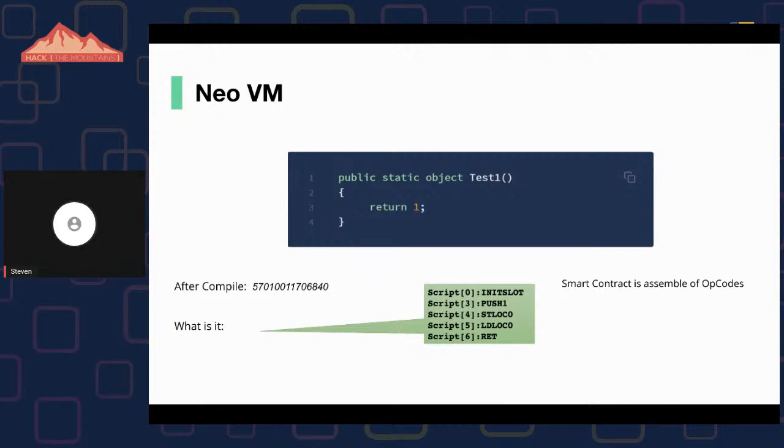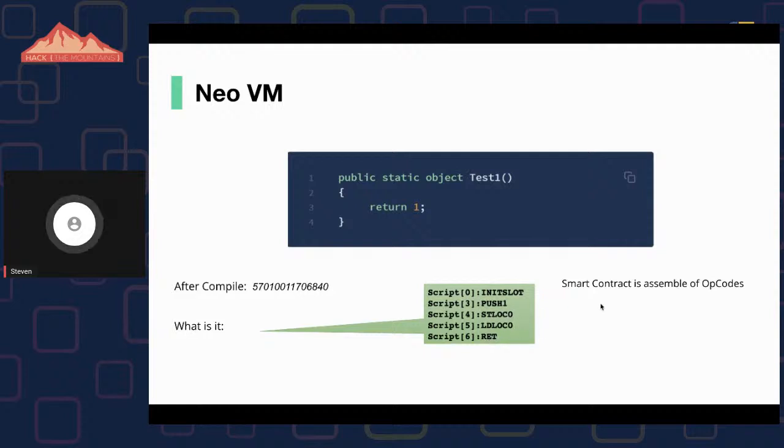So what is a smart contract in the Neo VM? Here I put an example. It's a very simple function called test, and it just returns one. After compiling it and putting it into the Neo VM, you can see this is the compiled result. It's just a one digit string, and when it is put into the Neo VM, it will be translated to a number of OP codes like init function and push one, and put the result into the result stack and return.